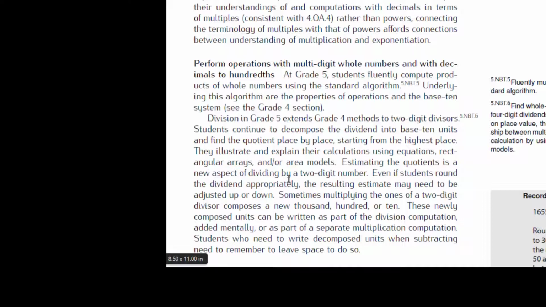They illustrate and explain their calculations using equations, rectangular arrays, and/or area models. Estimating the quotients is a new aspect of dividing by a 2-digit number. Even if the students round the dividend appropriately, the resulting estimate may need to be adjusted up or down. Okay, so they're going to be using these same ideas in 5th grade, but this time they're extending it to 2-digit divisors.